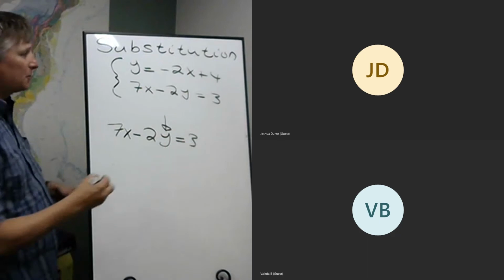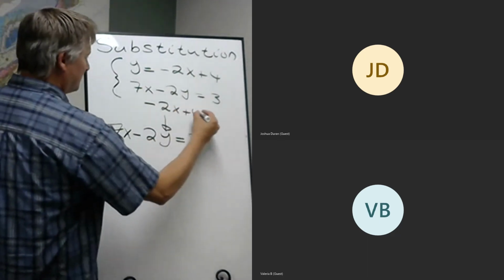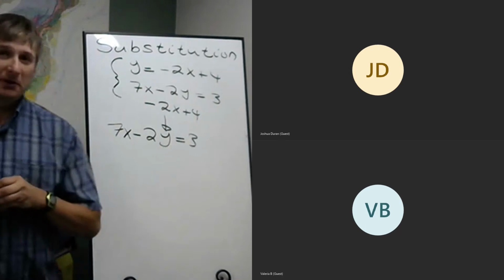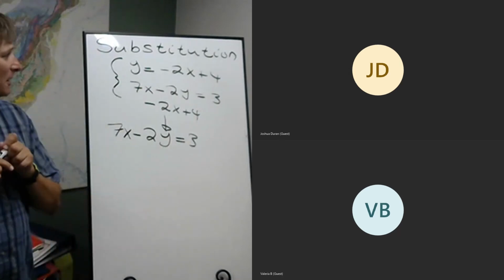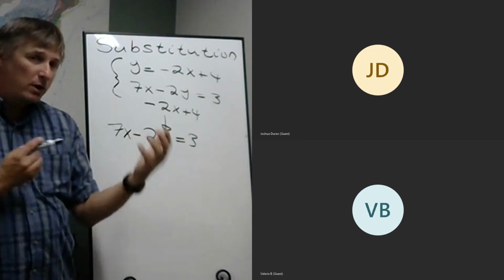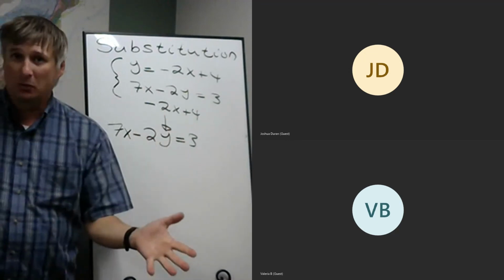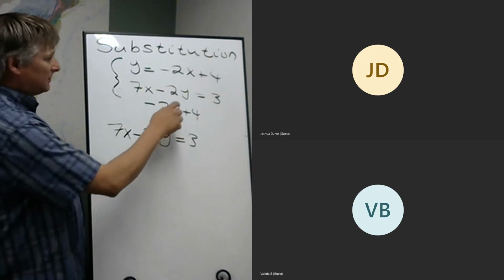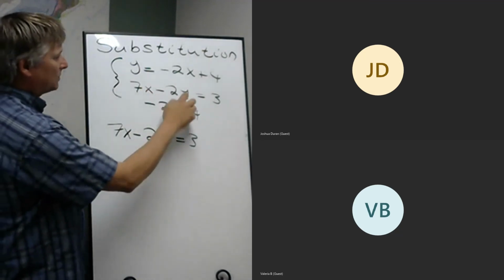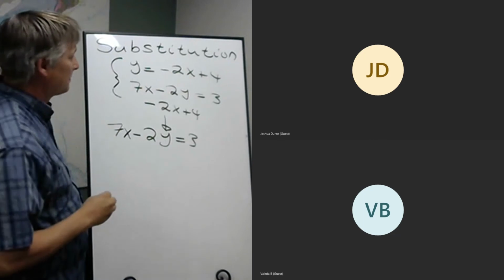We can replace this y with -2x + 4. The reason being, again, where these lines are crossed, and we assume that they do, we'll find out if that assumption works, is the same x, y in both equations, if that is a solution.